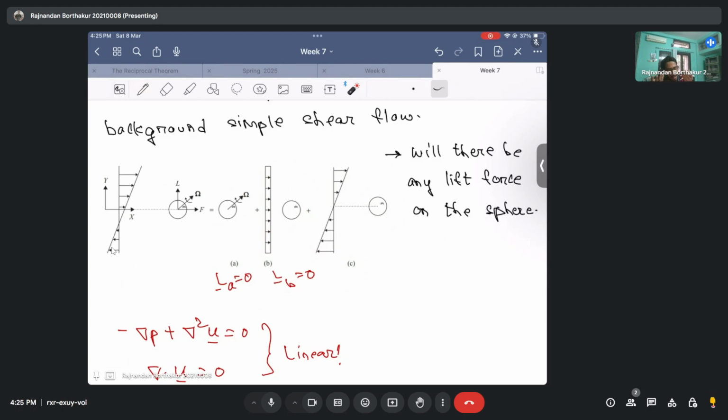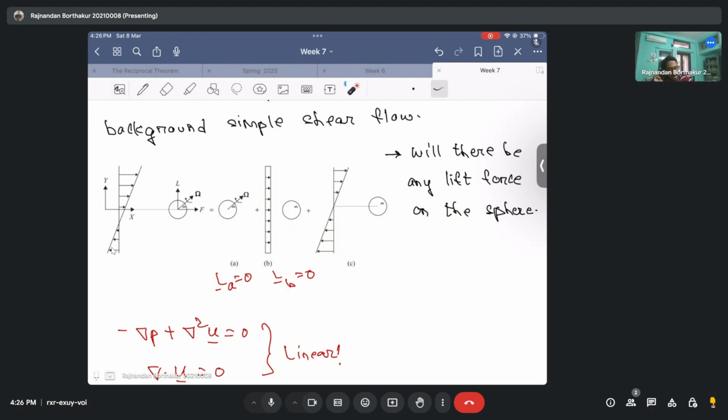In the limit of creeping flows, this far field shear flow will impart a rotational velocity of omega equal to half, or rather, the shear rate times some factor.